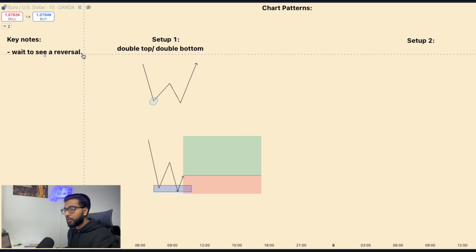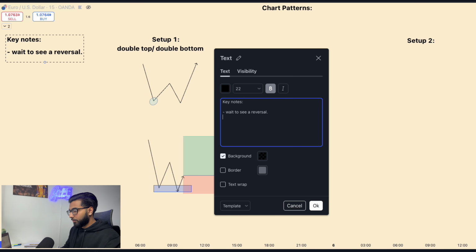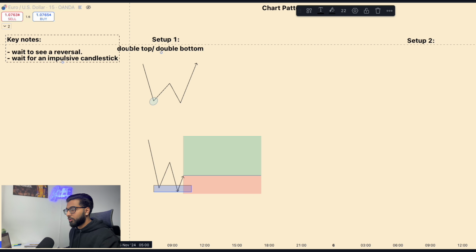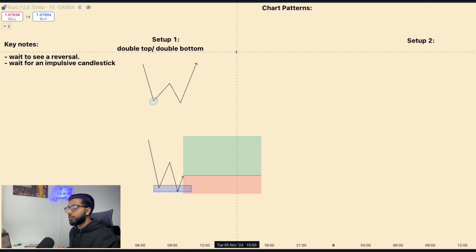Another key note is to wait for an impulsive candlestick. The reason I say this is, let's say you're trying to trade a currency pair and you don't see an impulsive candlestick and you just hover around on a doji, you're going to have a bit of drawdown.